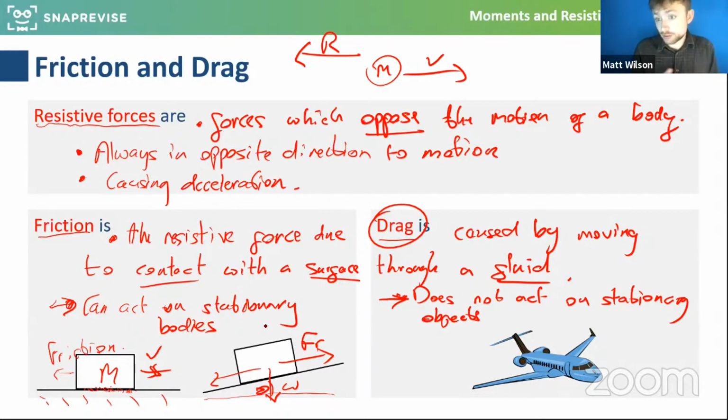So that's the difference between drag and friction. Classic examples of drag would be an aeroplane that's moving through some air particles here. As it moves into all the air particles, it bumps into them and transfers some forward momentum to them. And as a result, they impart some kind of backwards momentum to the plane and it starts to slow down. And that's the force.